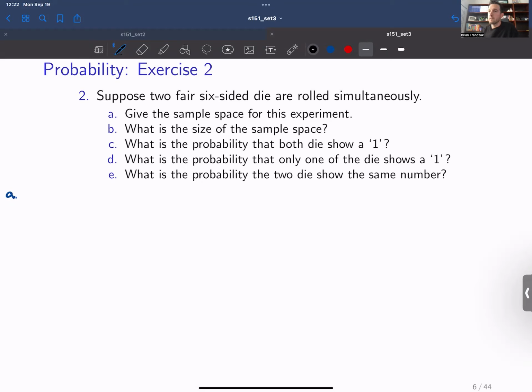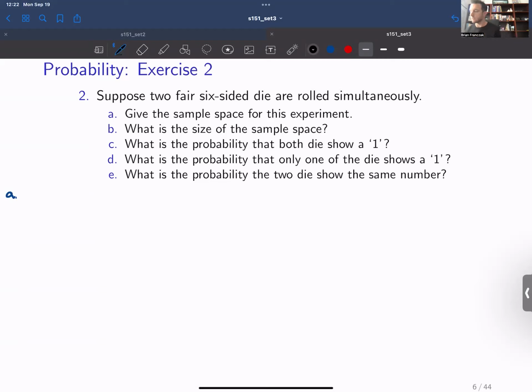There are many different ways to write out a sample space. You could write it as a list. In the case of die rolling problems, I prefer to use a table to illustrate the sample space.